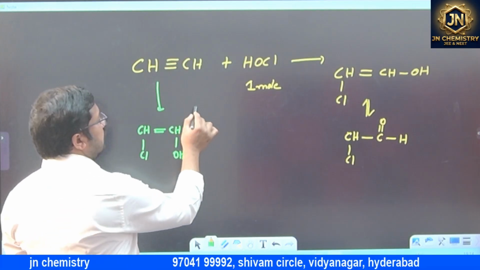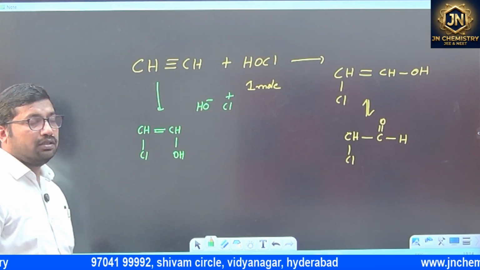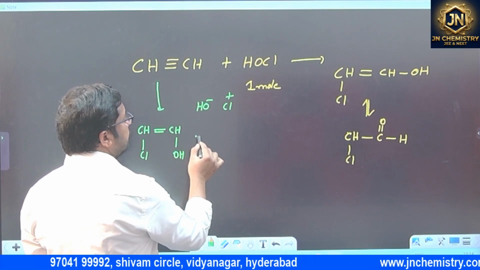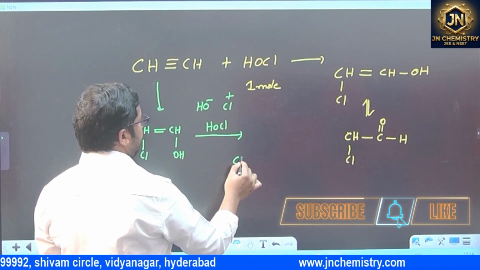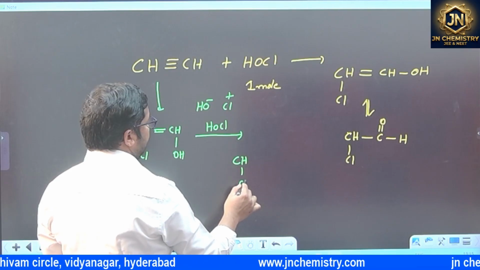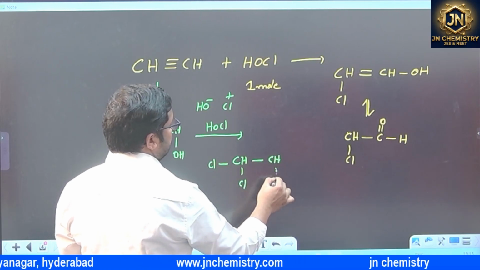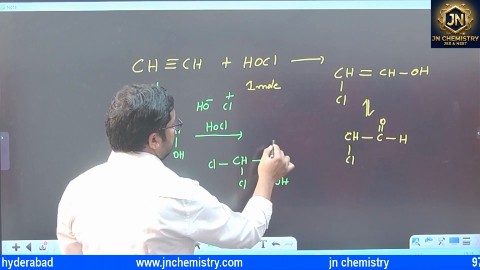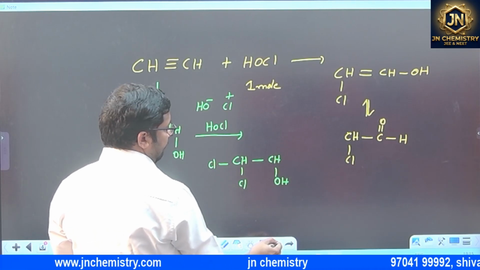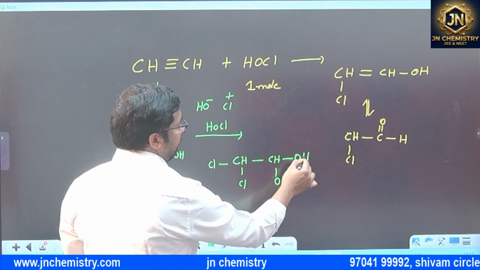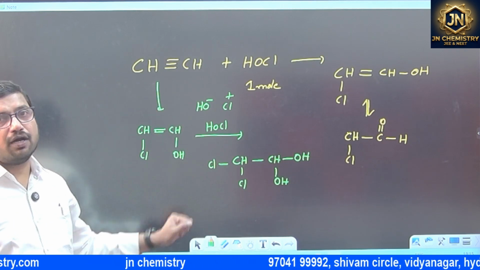Because HOCl undergoes HO⁻ and Cl⁺. Next, if you are adding the second mole, what exactly happens? HOCl. Two OH groups on the same carbon, is it stable?